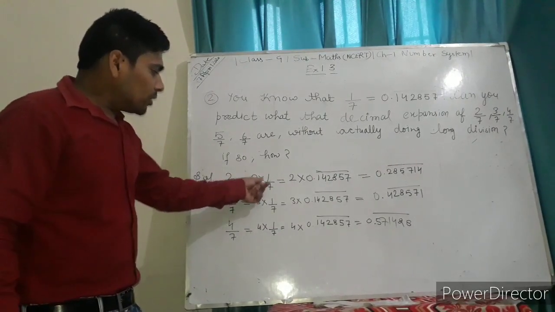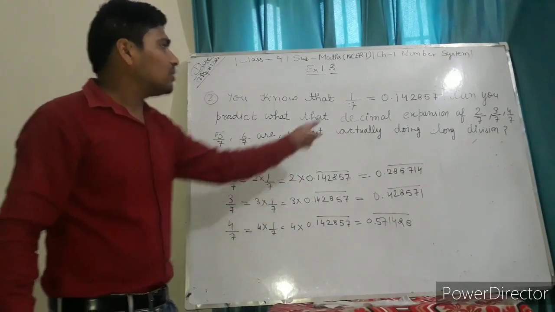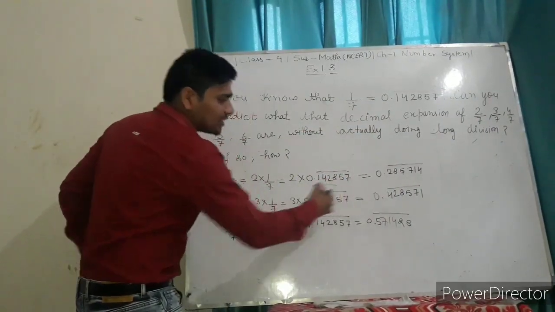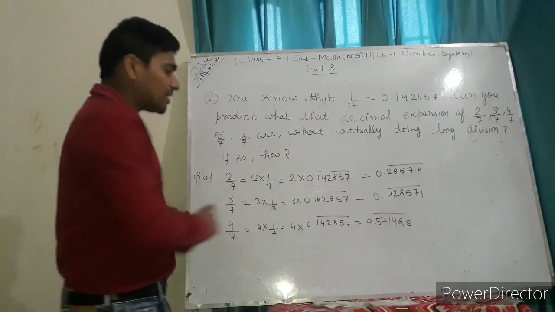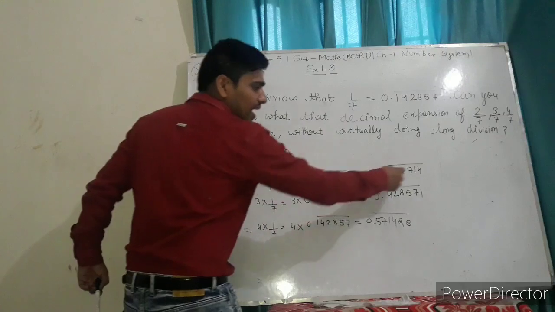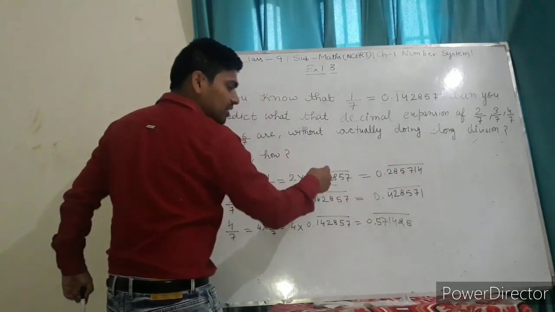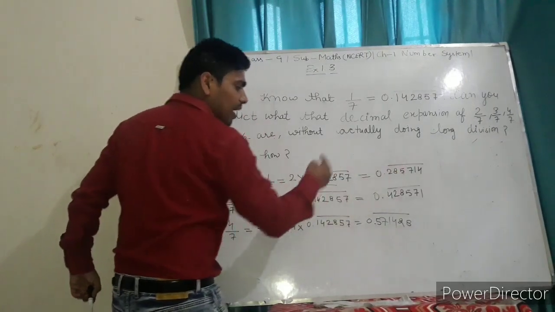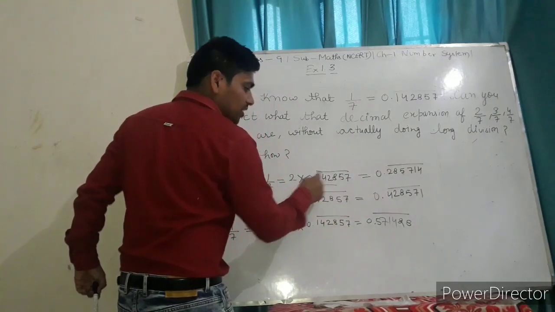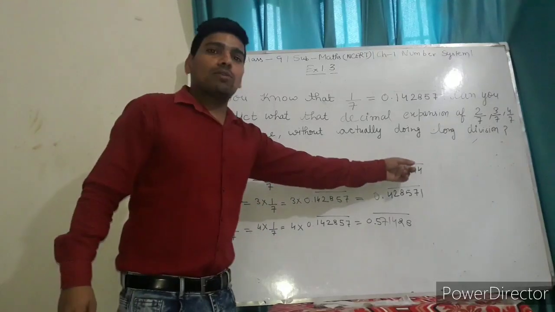Again, put here the value of 1 upon 7 and multiply it by 2. 2 sevens are 14, 1 carry; 2 fives are 10, 11, 1; 2 eights are 16, plus 1 is 17, again 1; 2 twos are 4 plus 1 is 5; 2 fours are 8; 2 ones are 2; and after that point 0, and there is a bar, and you put a bar there also.